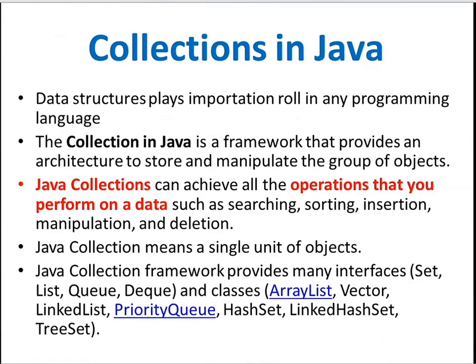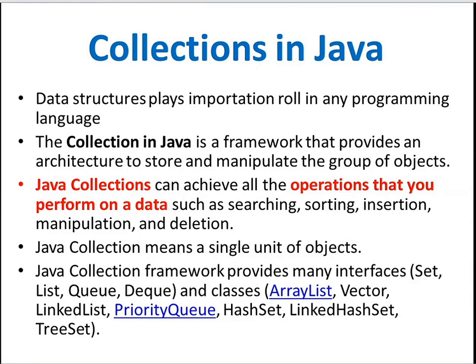What is a collection framework in Java? Data structure plays an important role in any programming language, as we know. Data structures are most important while writing a program. The collection of data structures in Java is called the collection framework.